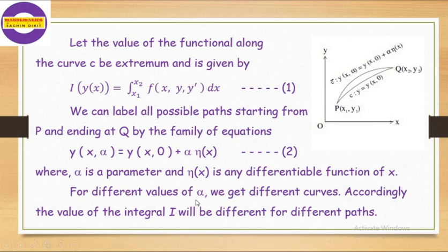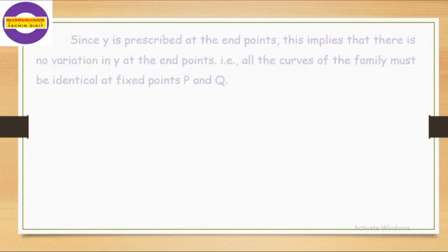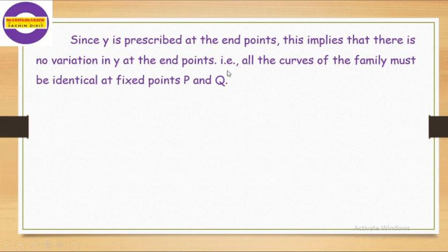For different values of alpha, we get different curves. Accordingly, the value of the integral I will be different for different paths. Since y is prescribed at the endpoints, there is no variation in y at the endpoints.